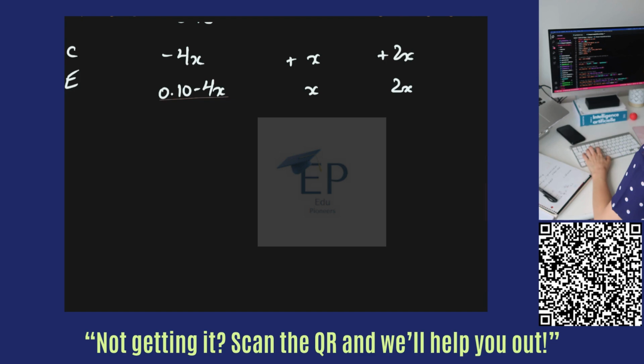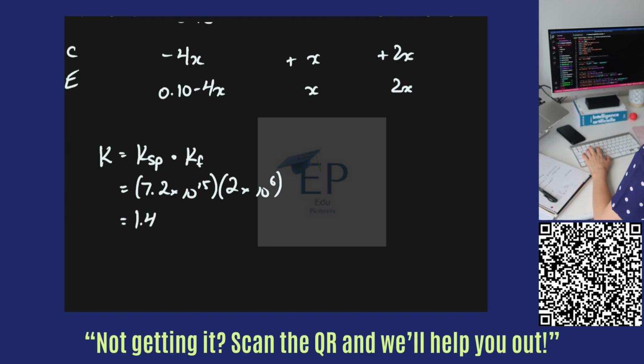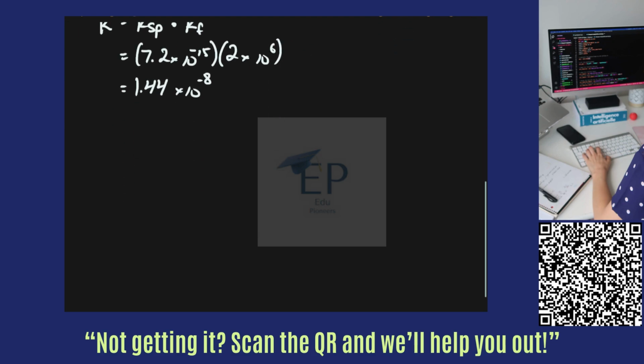We have to solve for the equilibrium constant here before we carry on. The equilibrium constant will be Ksp times Kf, which is equal to 7.2 times 10 to the negative 15, and Kf is 2 times 10 to the 6th, and we'll find that this is equal to 1.44 times 10 to the negative 8.